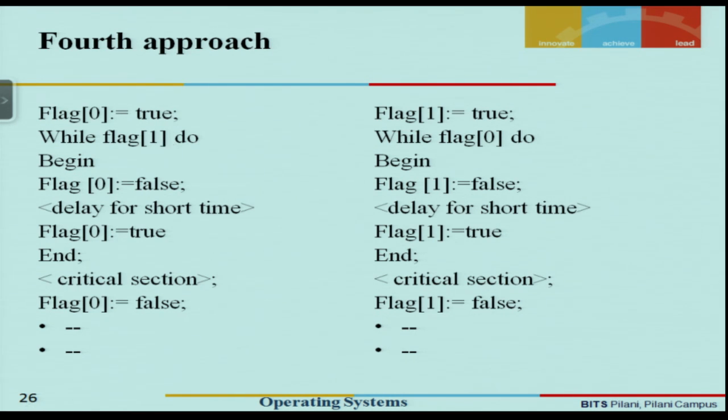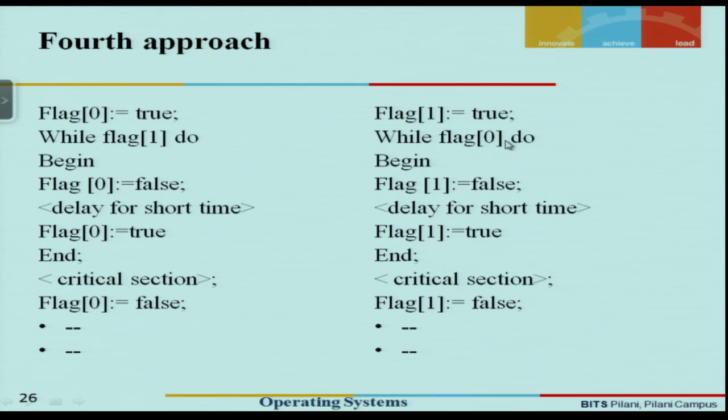Now let's assume that after this check the control transfers back to the second process, and the second process also checks if flag 0 equals true. So the second process also finds flag 0 is equal to true.